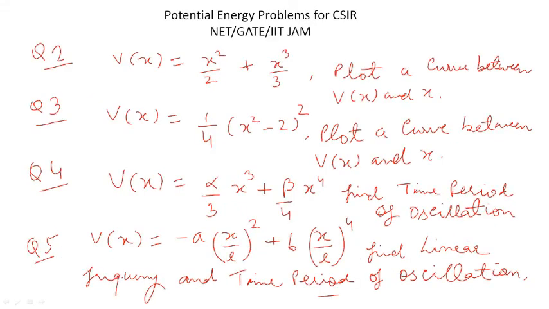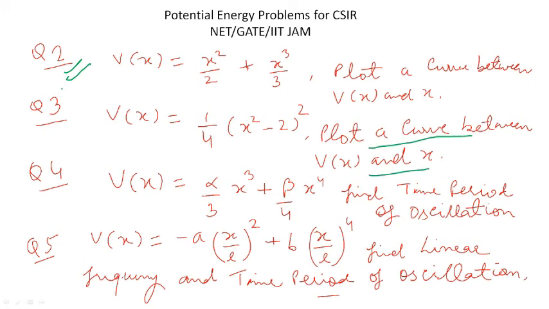Now I have given some problems in which you have to plot a curve between Vx and x. So your question number 2 is an important question. Question number 3 is Vx equal to 1 by 4 times x square minus 2 whole square. Here you have to plot a curve between Vx and x.